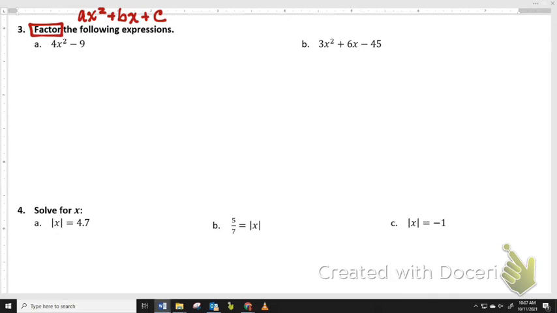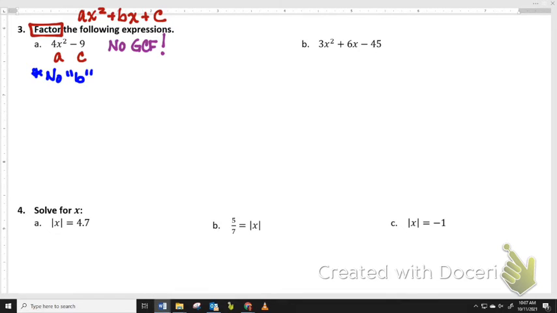Which pieces am I looking at in part A? A and C. Is there a GCF here? No. No GCF, because we always look for a GCF. We only have 2 pieces. We only have A and C. There is no B value.